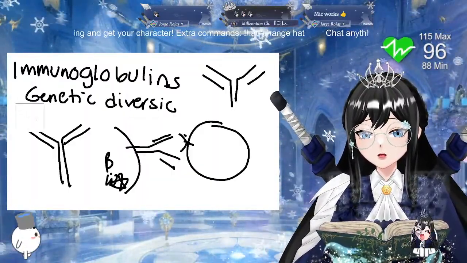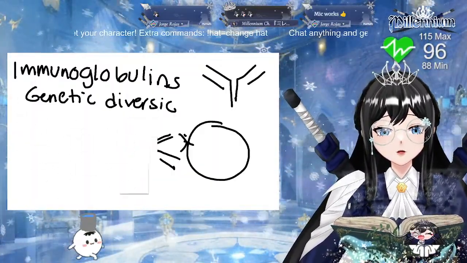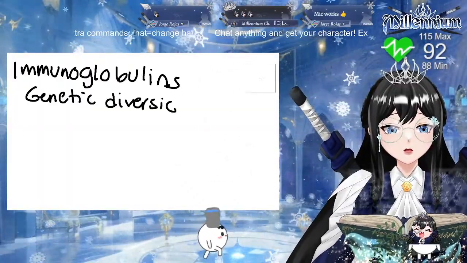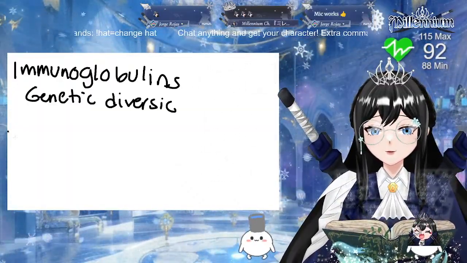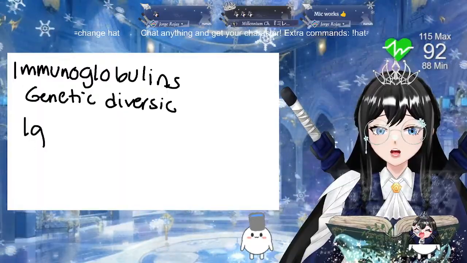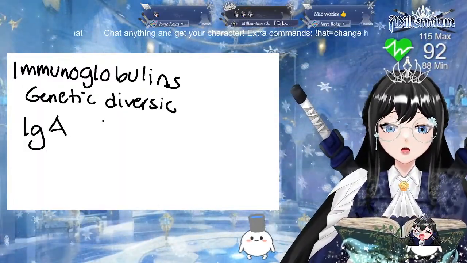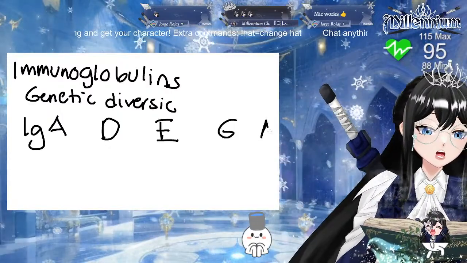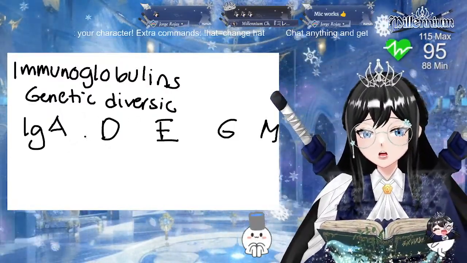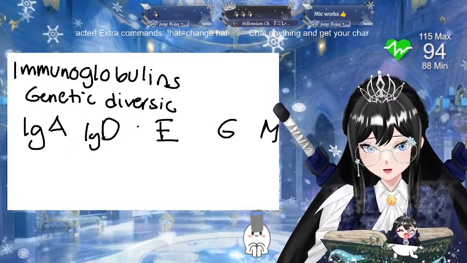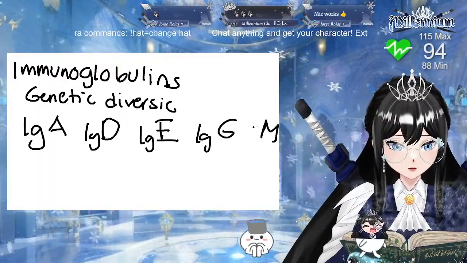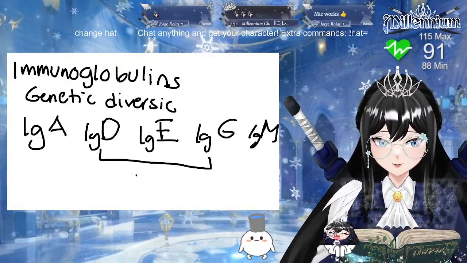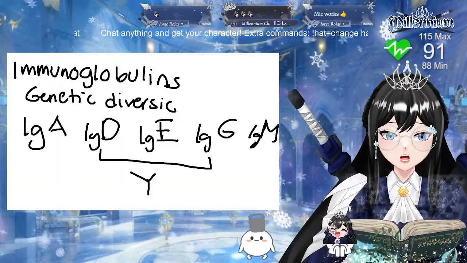And for its types, you have IgA, IgD, IgE, IgG, and IgM. These three would be single Ys.